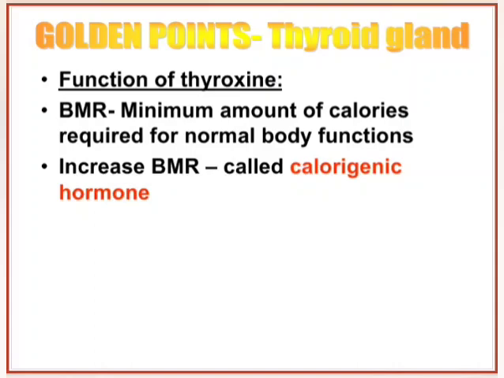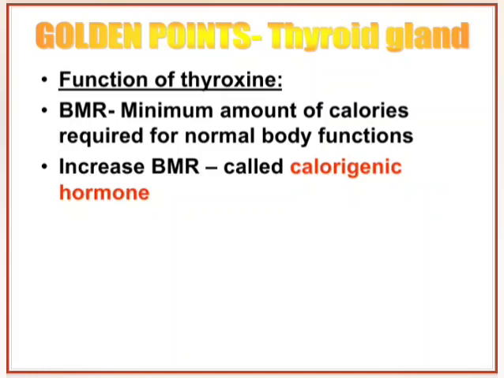Let us discuss the function of thyroxine in golden point segment. This thyroxine hormone regulates the BMR, the expansion of BMR, basal metabolic rate. The definition of BMR: in our day-to-day life, from morning when we wake up from the bed till night when we go to the bed, we are doing the normal activities, not extraordinary activities like exercise, cycling, swimming, not those types of extraordinary physical activity.